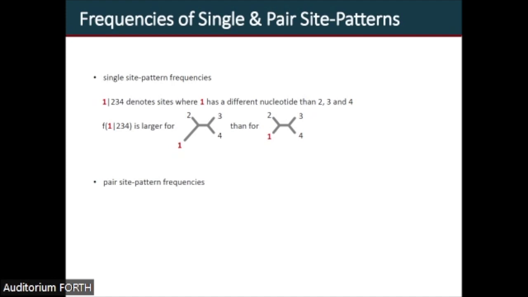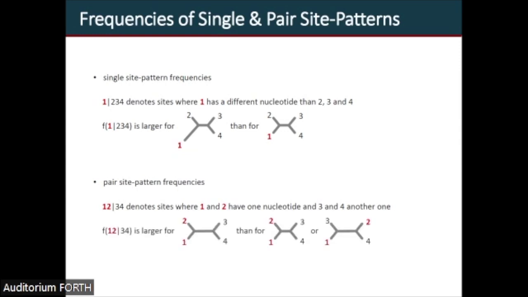For the pair side pattern frequencies, which are side patterns where 2 sequences have one nucleotide and the other 2 sequences have another nucleotide, 1, 2 split 3, 4 means 1, 2 have the same nucleotide and 3, 4 have the same nucleotide. These are most frequent if 1 and 2 are paired and if the inner branch is rather long.